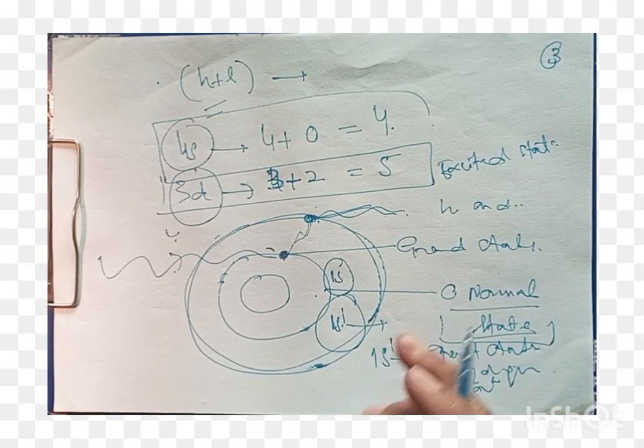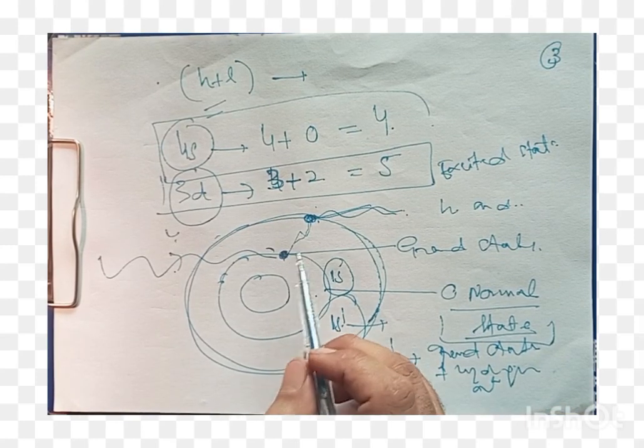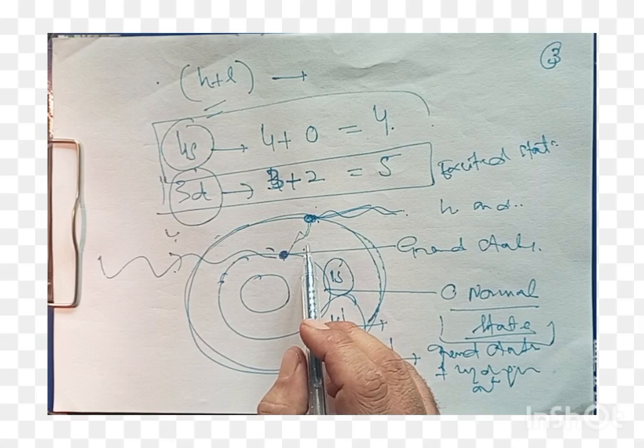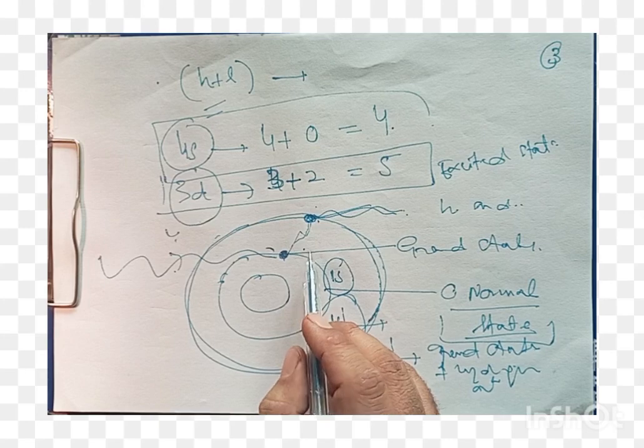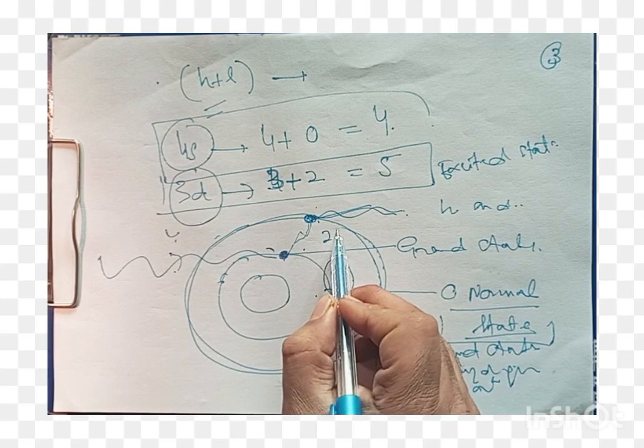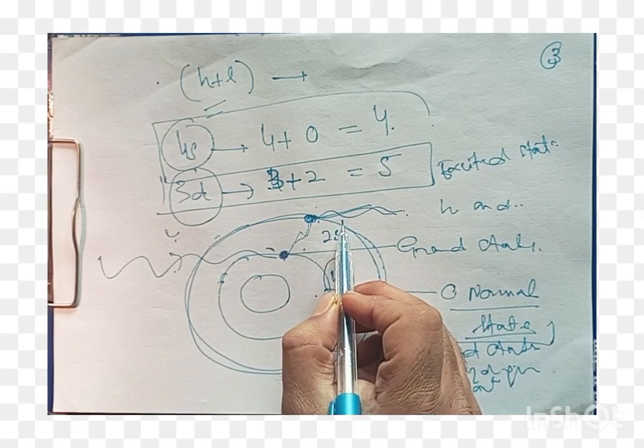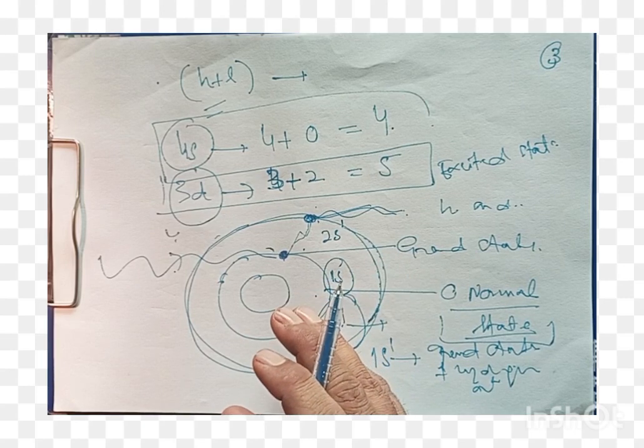Now if this electron is prompted to go to the 2s level, then we will say this atom is in an excited state, and that state will be defined as 2s1. This hydrogen atom is in an excited state.